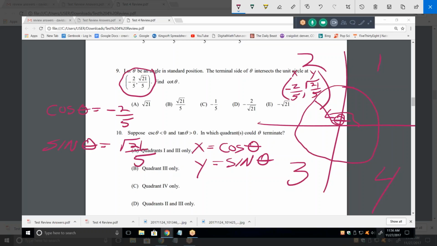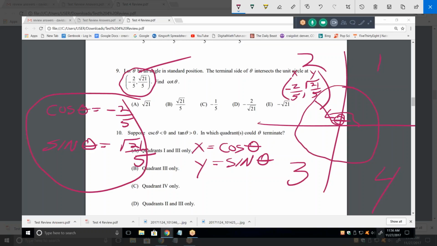Okay? That's what they've told us with that information that I have circled up above. That's what that means: the x-coordinate is always equal to the cosine of theta, and the y-coordinate is always equal to the sine of theta.